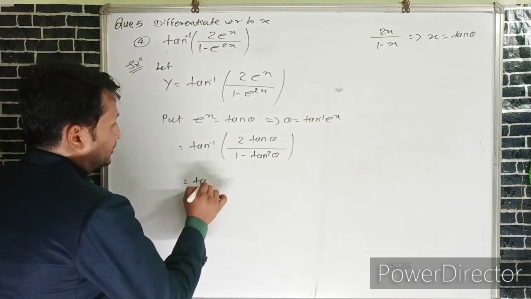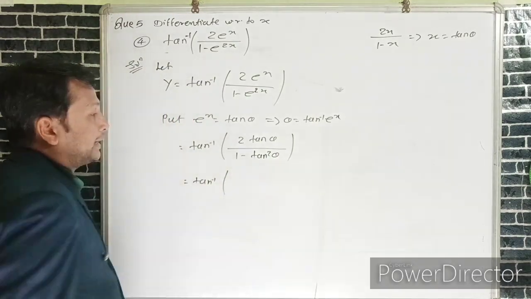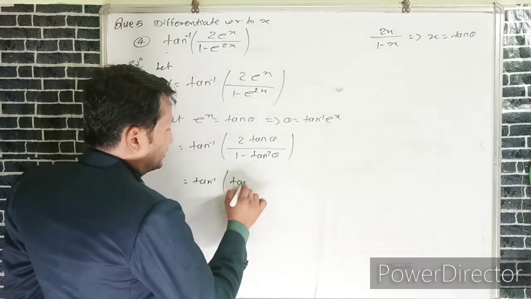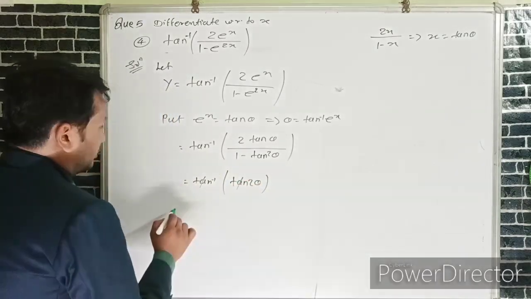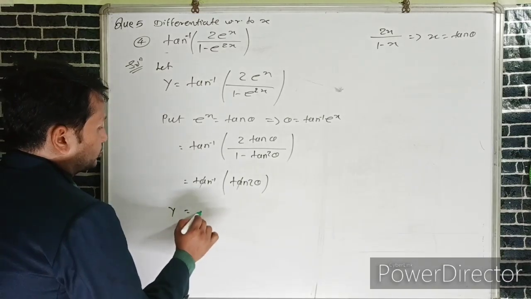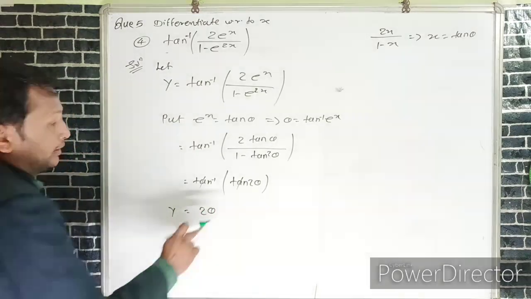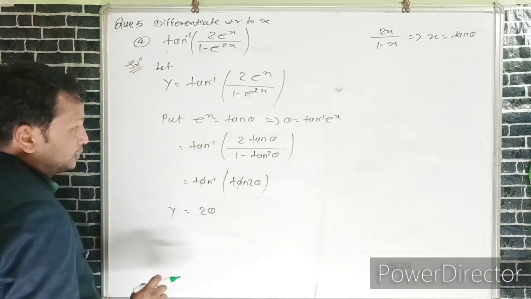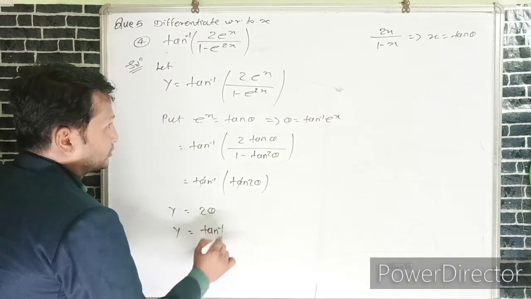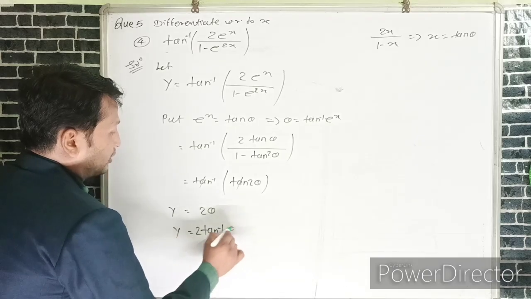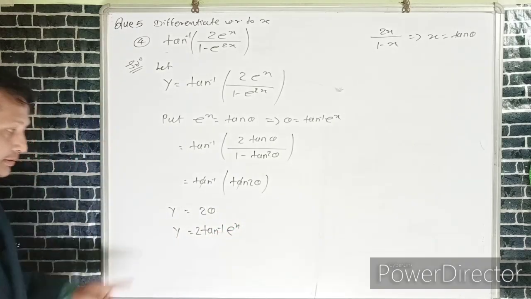We know that 2 tan theta upon 1 minus tan square theta is in the form of tan 2 theta. Here tan inverse and tan cancel. We can write y is equal to 2 theta. We replace the value of theta as tan inverse of e to the power x. Hence we can write y is equal to 2 tan inverse of e to the power x.